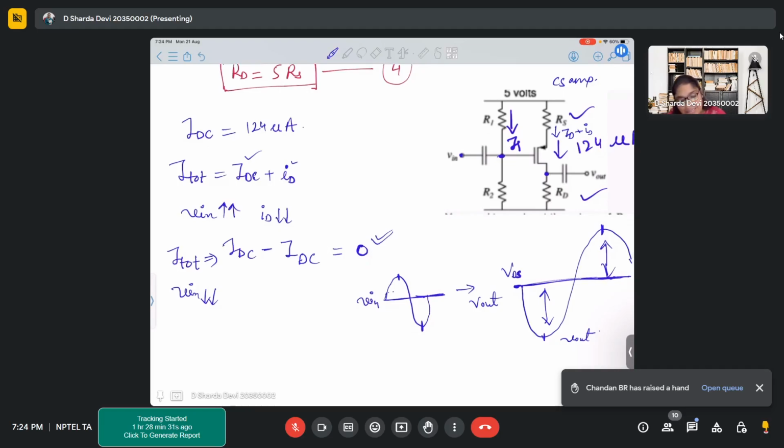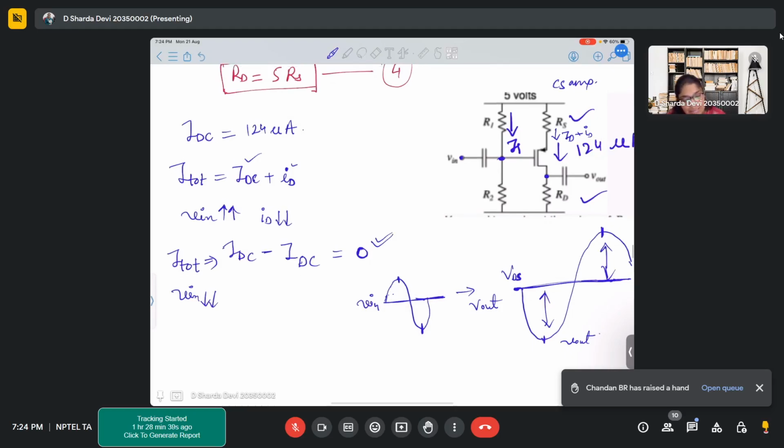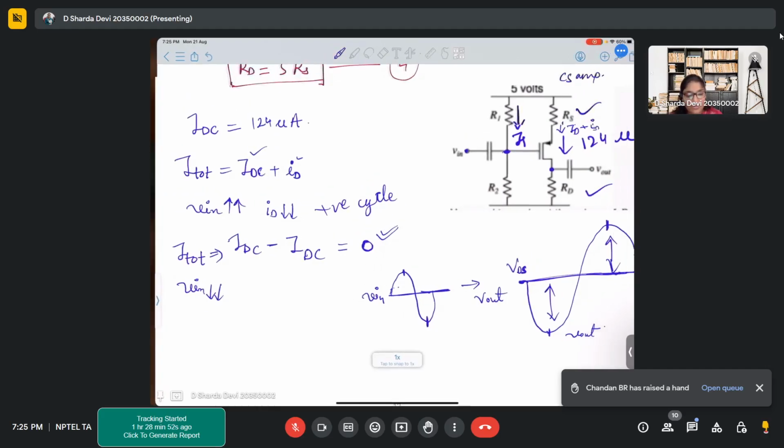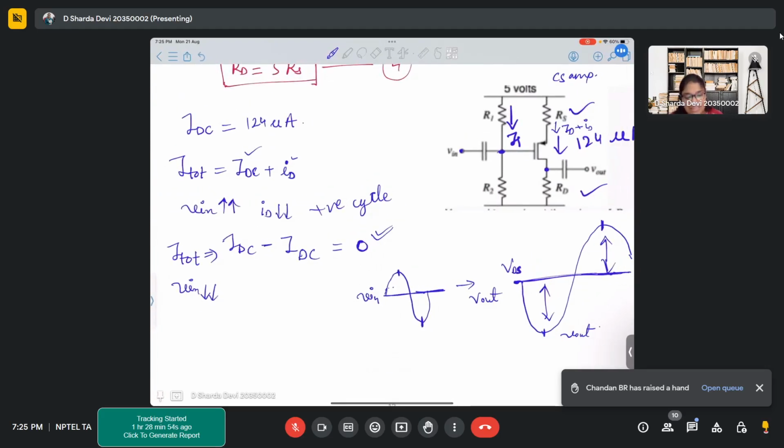So that is the condition that we are talking about. Let's say when V in reaches its maximum, the current that we are getting is close to the IDC, but since it is the positive cycle, the value will be negative. So they both cancel each other and we'll get a 0.